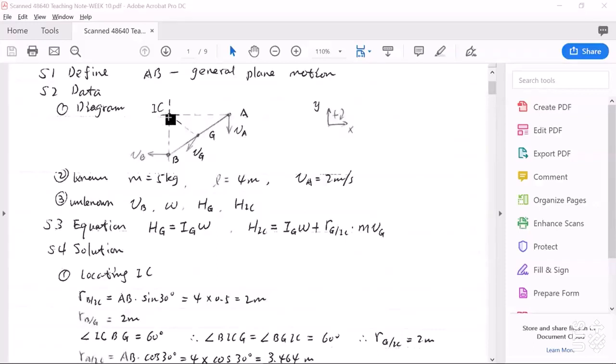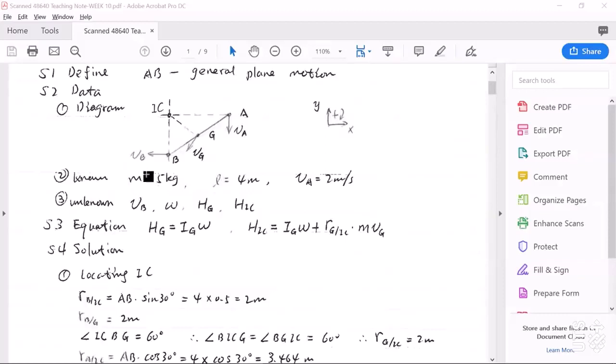With the IC point here, we can easily determine the angular velocity omega of this bar AB at this instant, and also we can easily calculate the velocity of mass center point G, Vg. Vg must be perpendicular to the line connecting IC and point G.